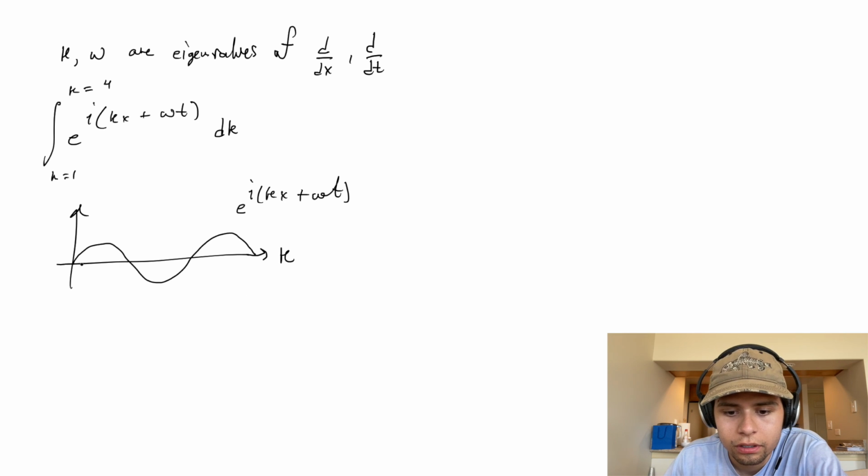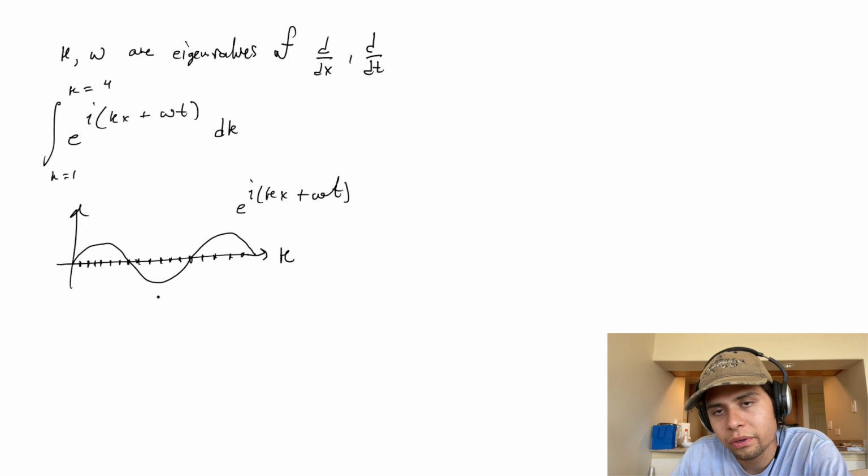So we have this eigenvalue, this is an eigenvalue point, that's an eigenvalue, this is an eigenvalue, and we can keep on going. Since this is quantum mechanics, this is actually quantized. There are only specific values of k we can have, and specific values of omega as well.